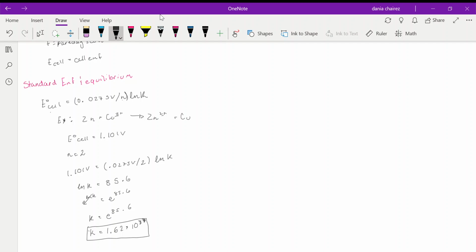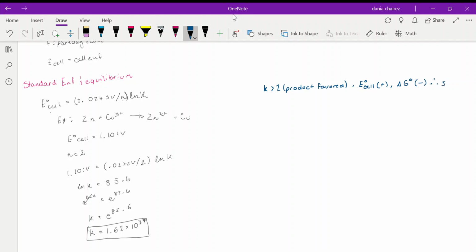So then there's a relationship between our EMF and our equilibrium, obviously, because they have to be if we have a formula for them. So if K is greater than 1, which is product favored, then our E cell is positive, and our delta G naught is negative.